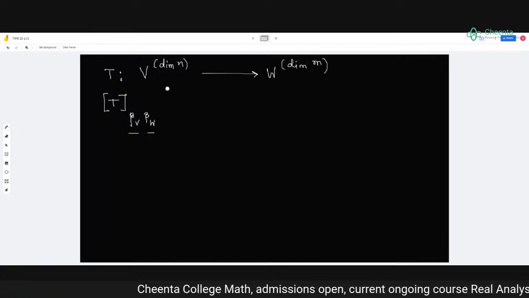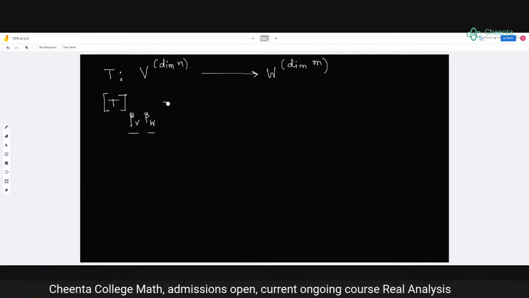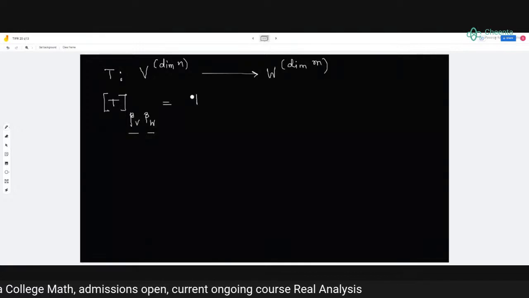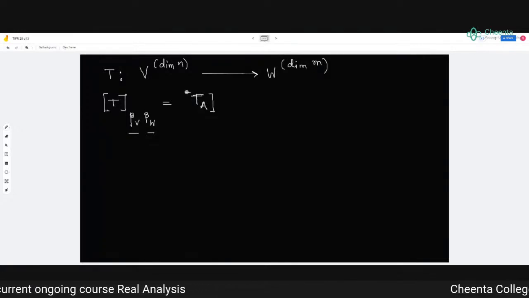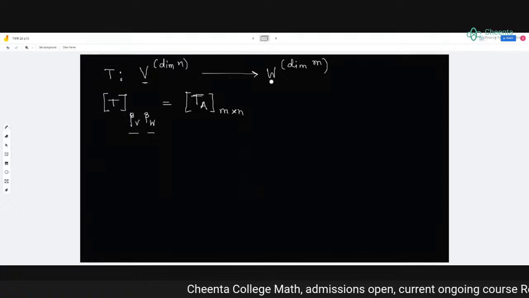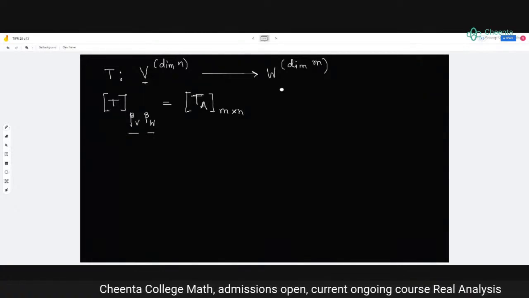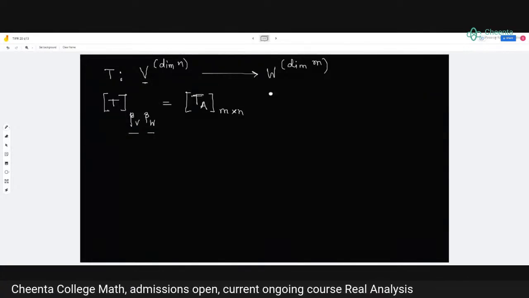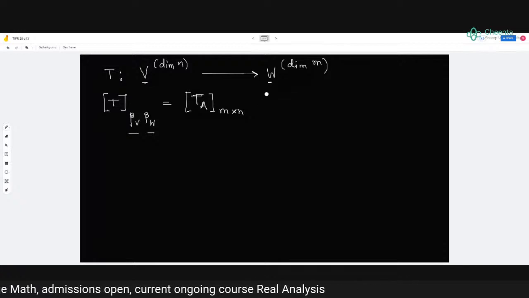That means the linear transformation t can always be represented as an m cross n matrix, over the field on which v and w are both defined. So this is the first step.